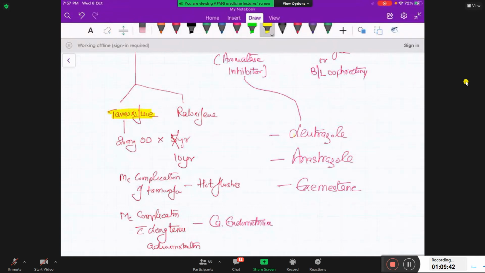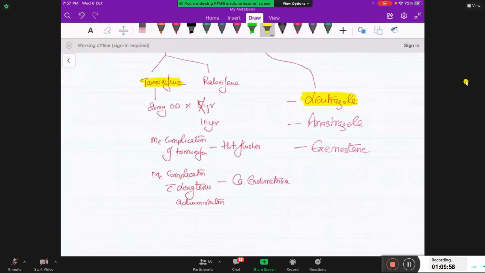Out of these three, now preferred is letrozole.